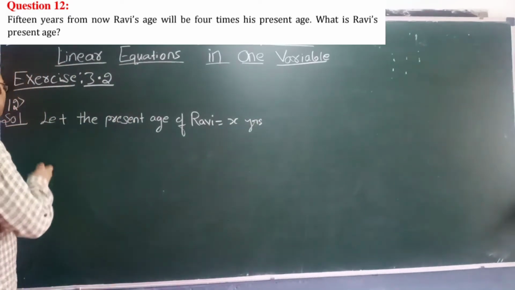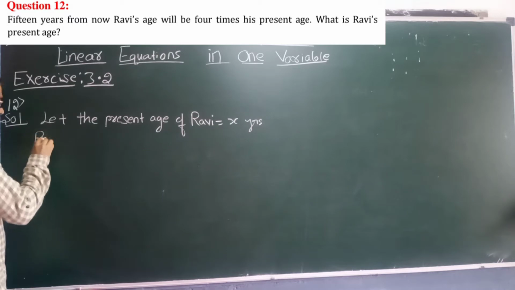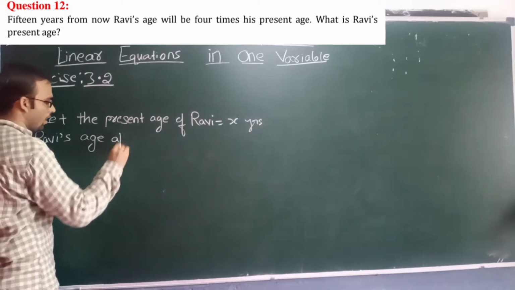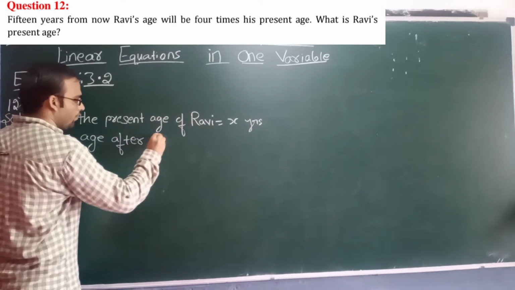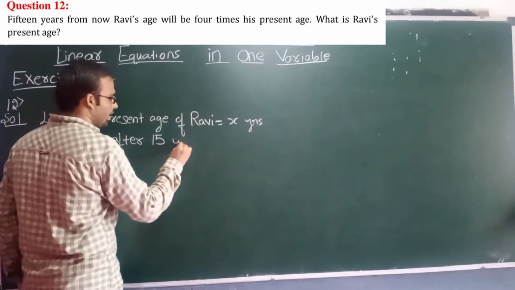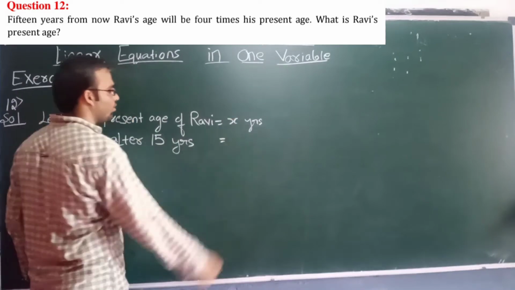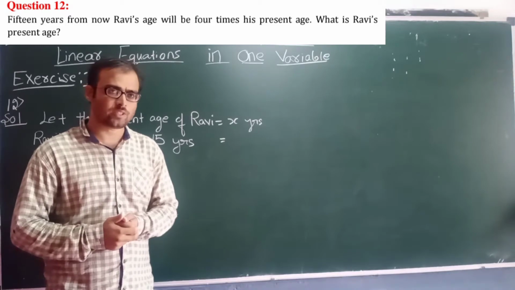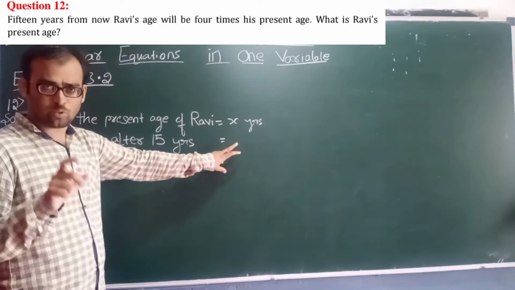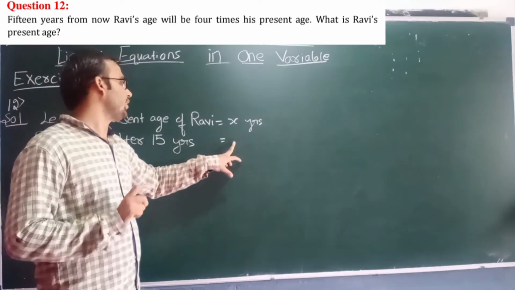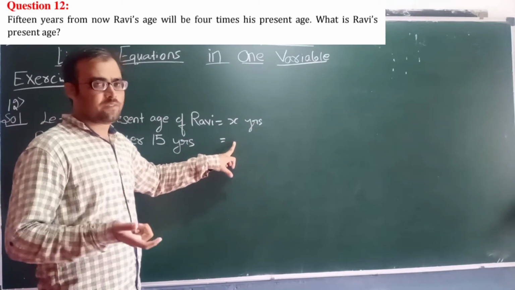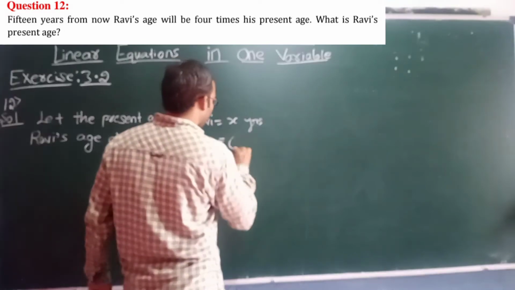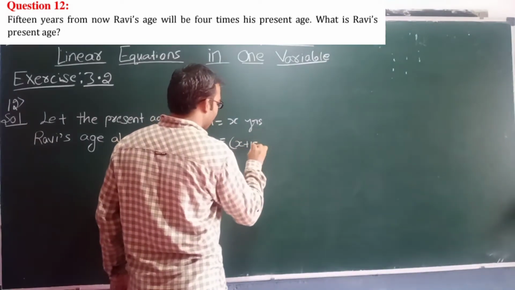Okay, now Ravi's age after 15 years equals, students, if your age is 10 years now, then after 15 years what will be your age? 25, no? Okay, so in the same way, if the present age of Ravi is x years, then after 15 years what will be his age? x plus 15 years.